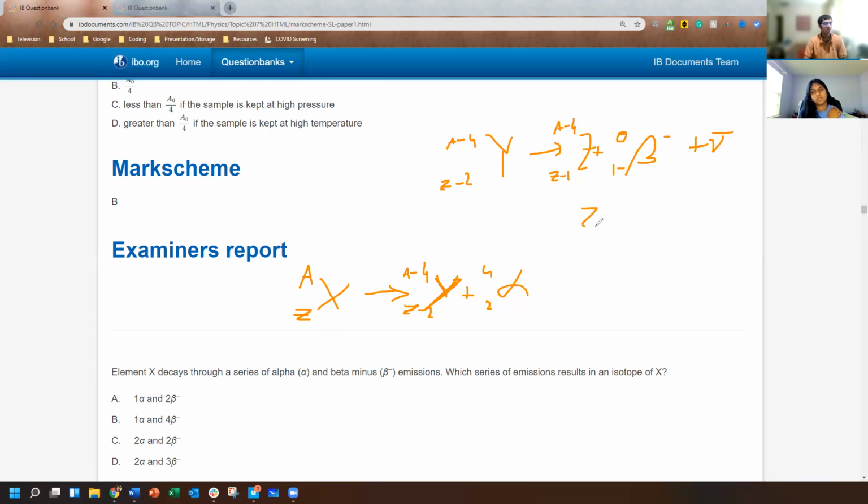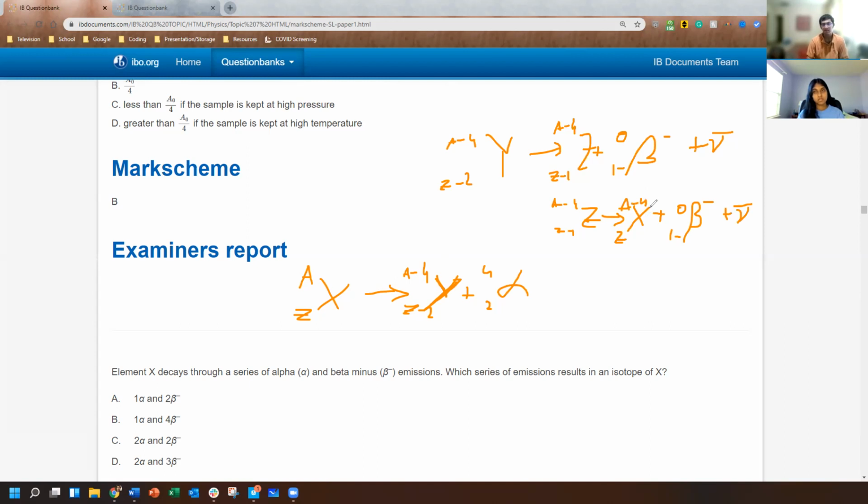And then that element, Z minus 1 and A minus 4, will have to undergo beta minus decay again. That'll be X now, because we have Z minus 1 and a minus 1 here. So that has to be Z, which is the same proton number we started with, and A minus 4, right? Yeah.